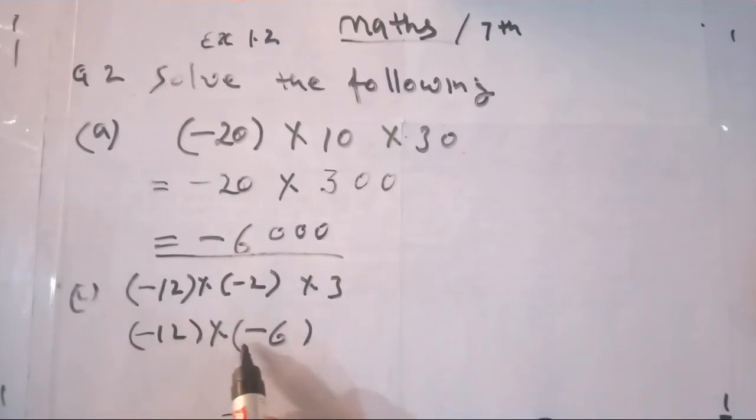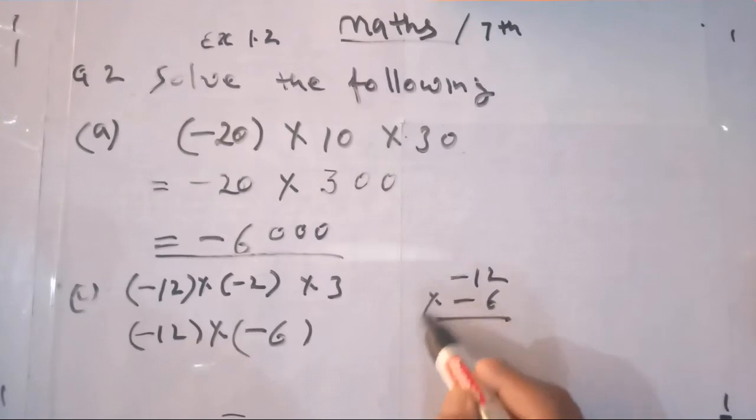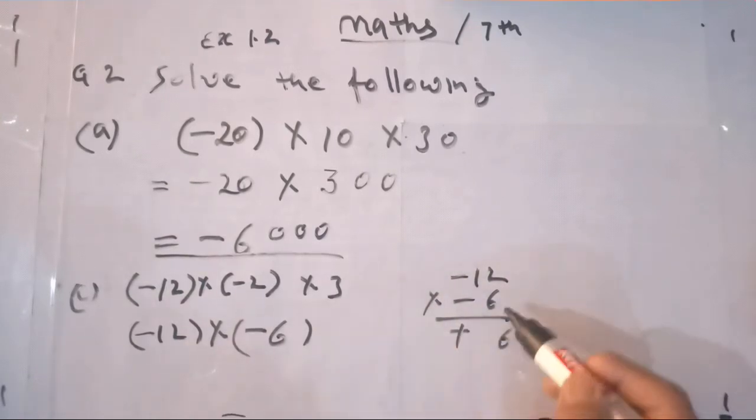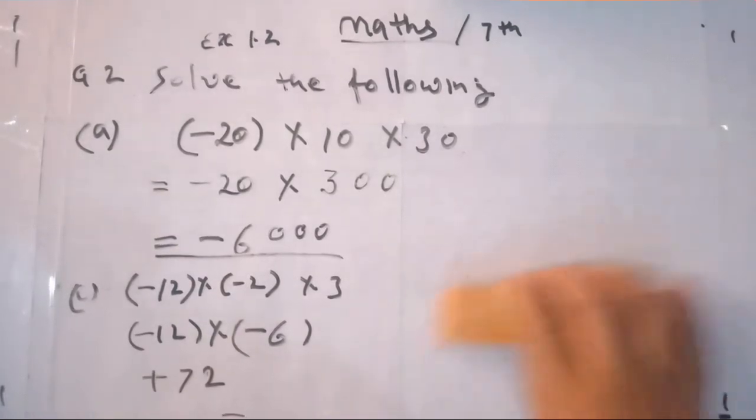Now minus into minus, minus 12 into minus 6, minus minus plus, and 2 6s are 12, and 6 ones are 6, so 72. So 12 6s are 72. You can write this directly by using the table. So beta, your second question is very simple. You need not apply any property here, right?